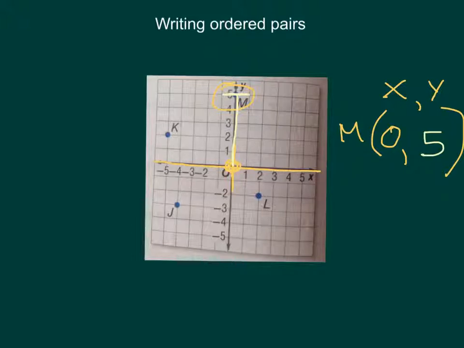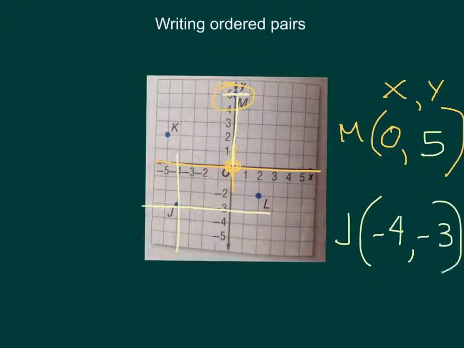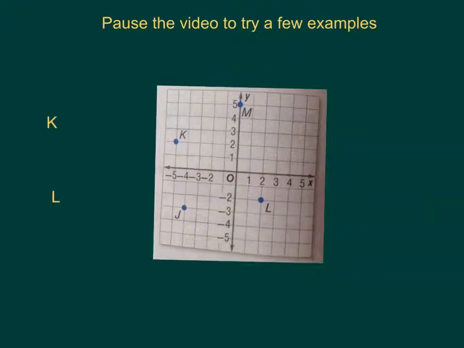You would also be able to do this with all of the other points. If we look at J, the x value for J is -4, and the y value for J is -3. Pause the video to try a few examples on your own.